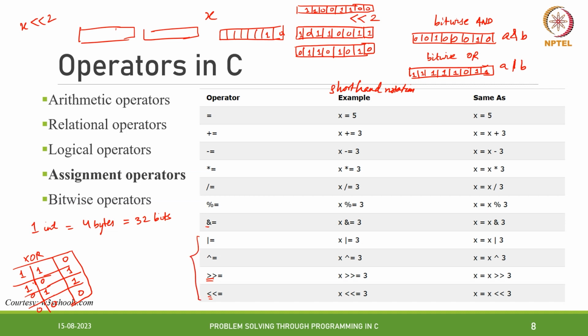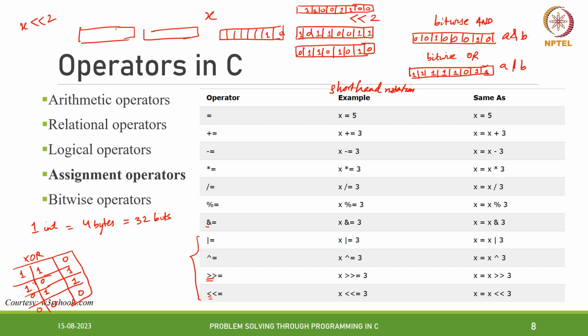Yes, these are the bitwise operations, so bitwise and assignment both. If you have understood what I was explaining with the bitwise operations here, this is basically bitwise OR. So you're doing a bitwise OR between x and 3 and saving the value in x.